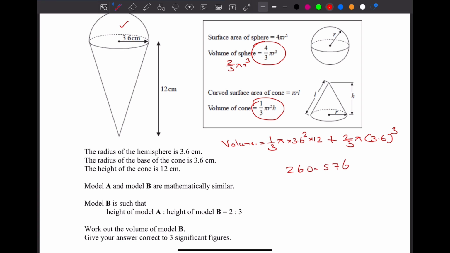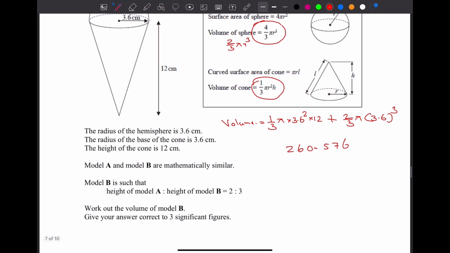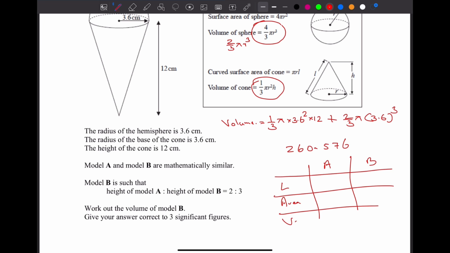I know I'm using a few too many decimal places, but it's okay. So this becomes a comparison of model A and B. First is length, area, volume. Height is technically the length anyway.